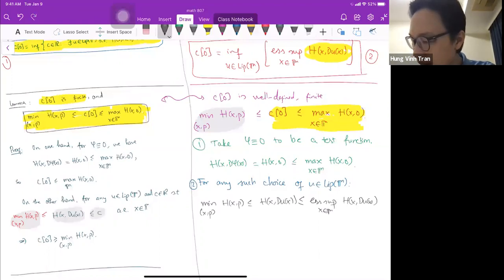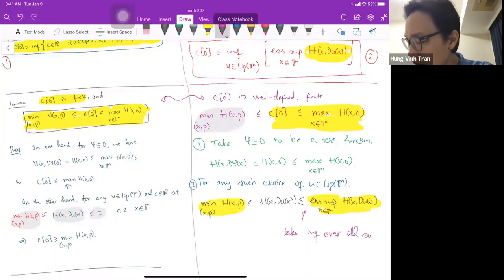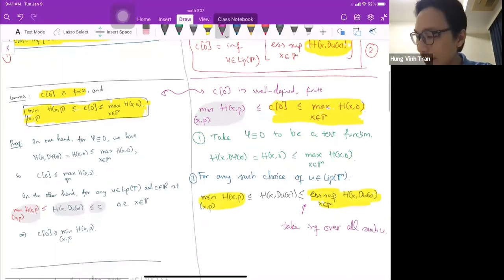So this one is always less than or equal to this one for all possible choices of u. Now you take the inf over all such u, and then you get the result.